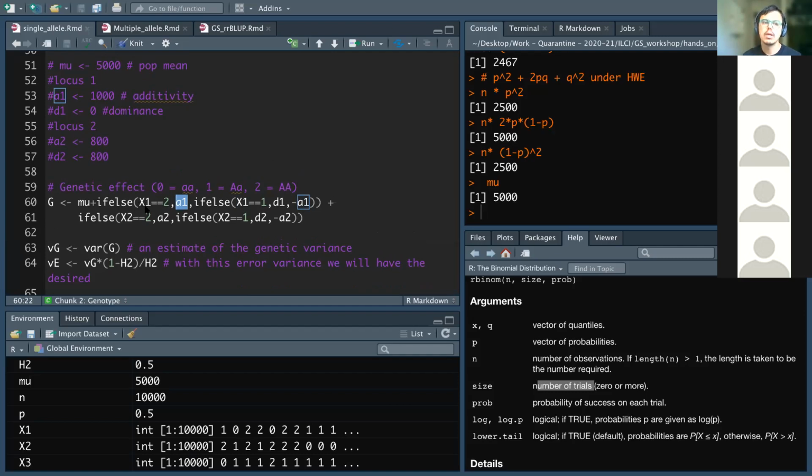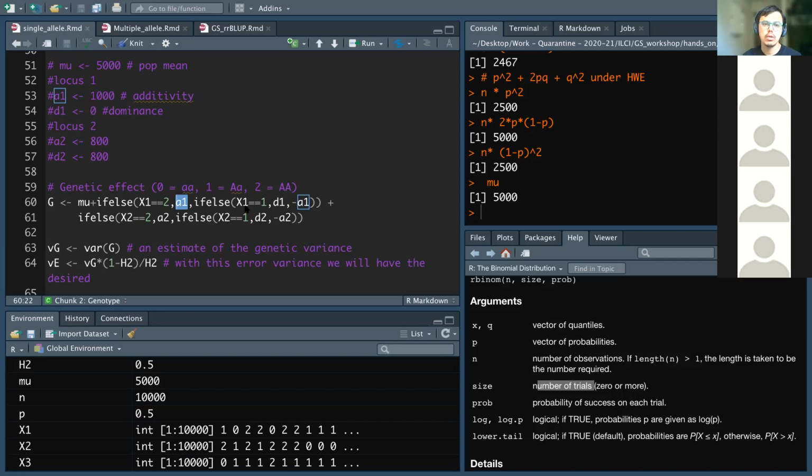So if the genotype at locus X1 is equal to 2, the contribution of that locus to the phenotype is going to be equal to the additive effect, that is 1,000. If X1 is equal to 1, that is the heterozygous genotype, the effect of that locus on the phenotype is the dominance deviation, which in the case of the first locus is equal to 0.